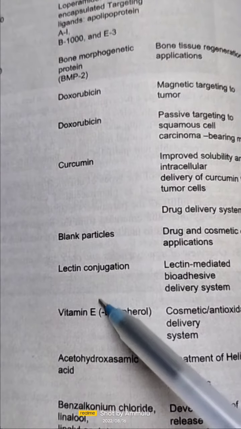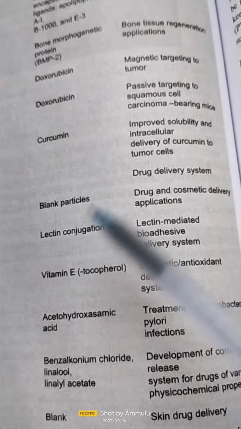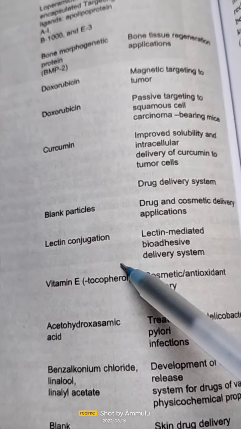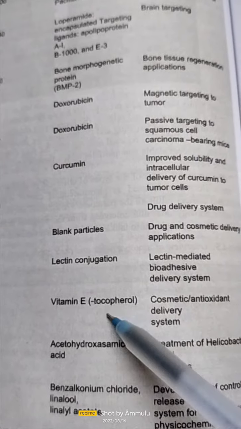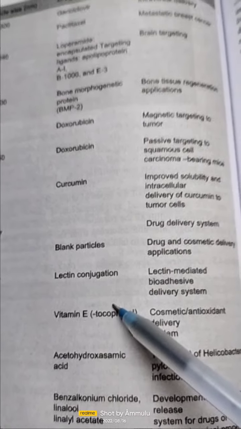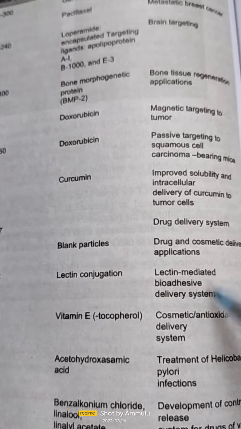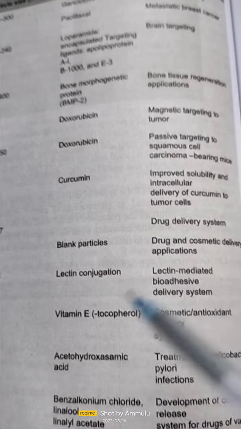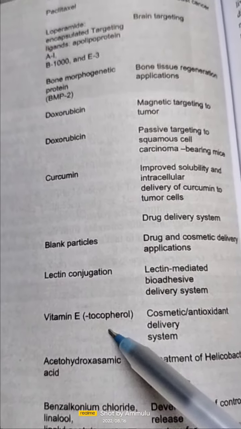The lectin conjugation has a 900 nanometer particle size, which binds to the gliadin, and it shows a lectin mediated bioadhesive delivery system. When we come to vitamin E, that is nothing but tocopherol.